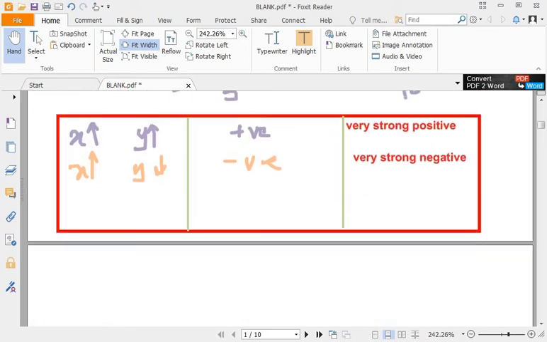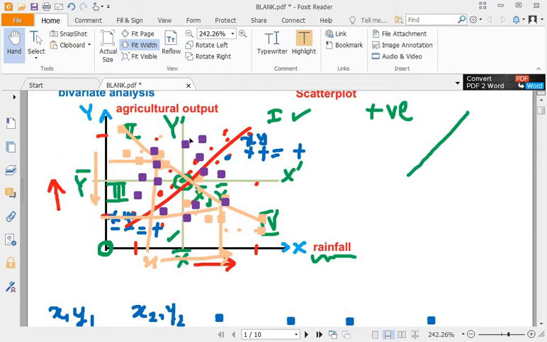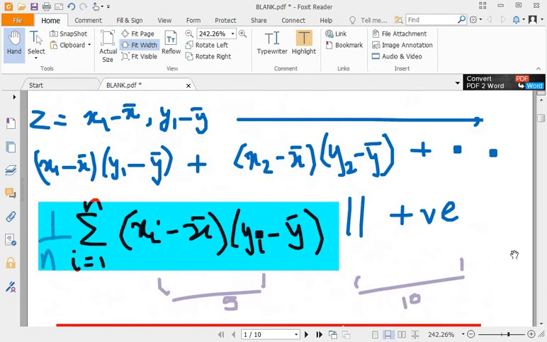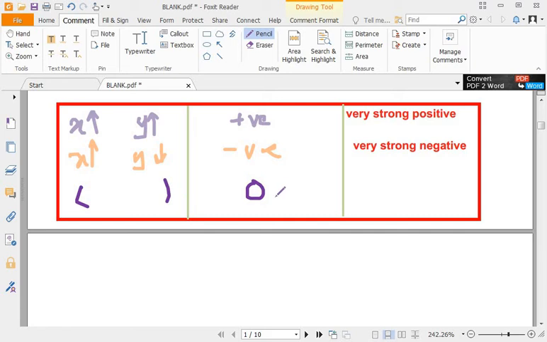Since this purple data set contains more or less equal number of points in the first, second, third, fourth quadrant, about 3 here and 3 here, they are pretty much balanced around all the 4 quadrants. So you might end up with a pretty low number which is close to 0.